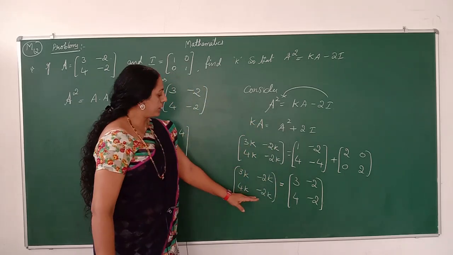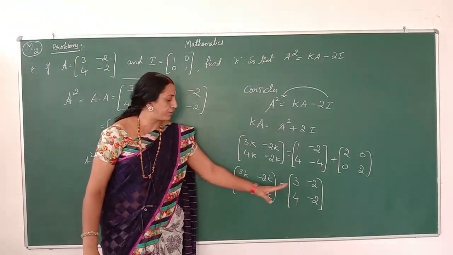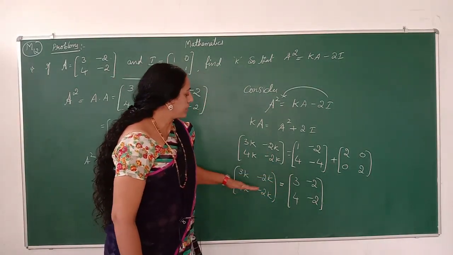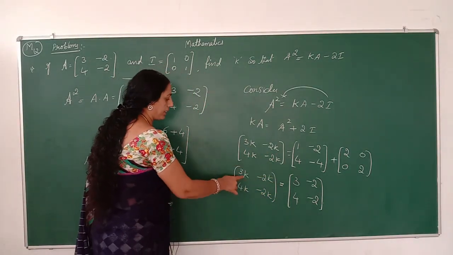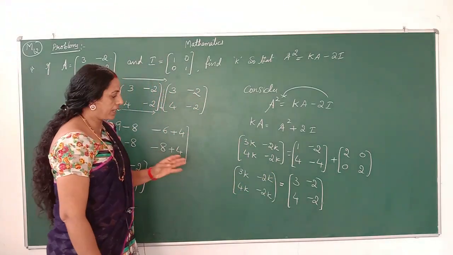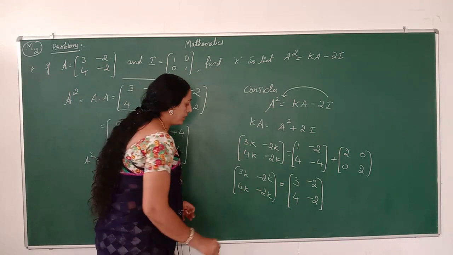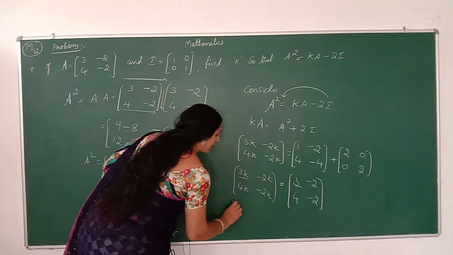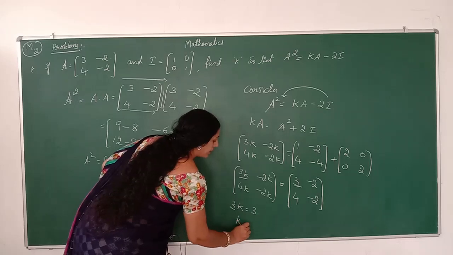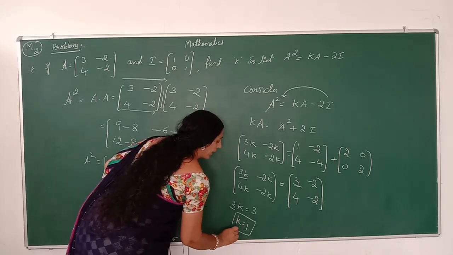These two are in the form of equality of two matrices, so we compare the corresponding elements. All the elements on the left hand side depend on k, which is a single variable, therefore we equate any one of these elements. 3k is equal to 3, therefore k is equal to 1.